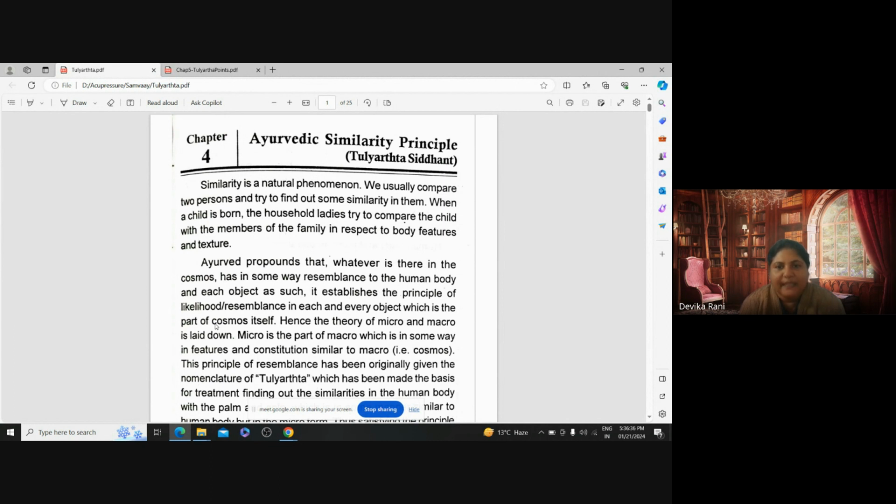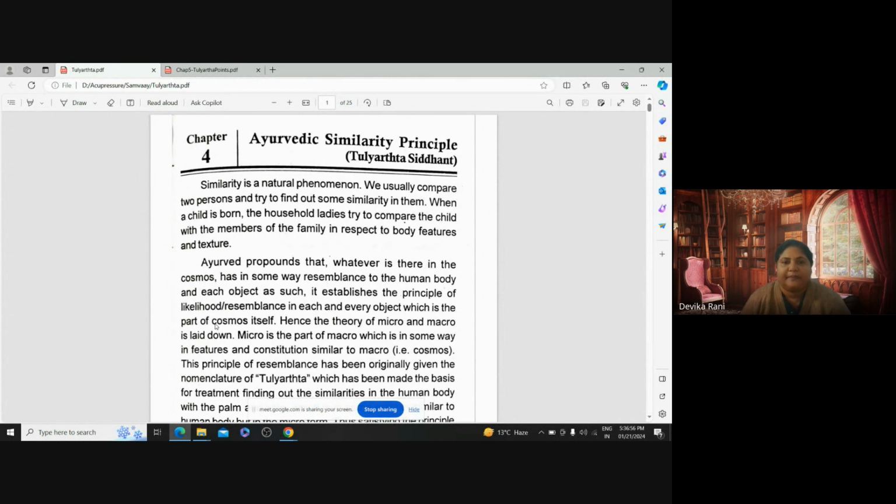And within the body, there are our palms and the soles of the feet. The palm and feet also have a similar way of functioning.